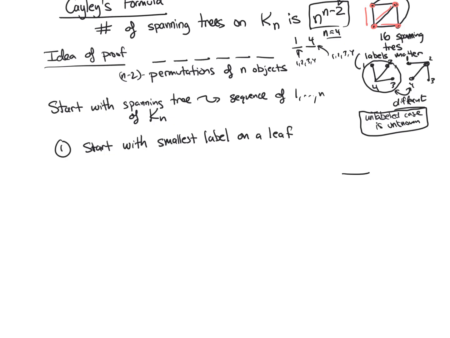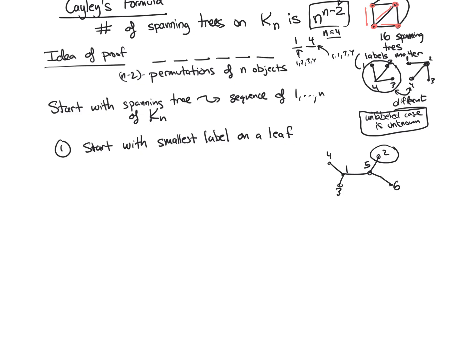Maybe I'll do it over here for a particular example. Again, these numbers are chosen at random. So there's my tree, which is a spanning tree for the complete graph on 6 vertices. The first thing you do is start with the smallest label of a leaf, which here is 2.